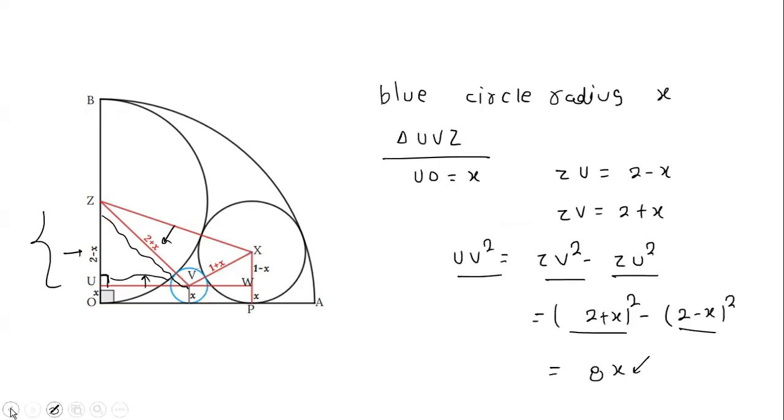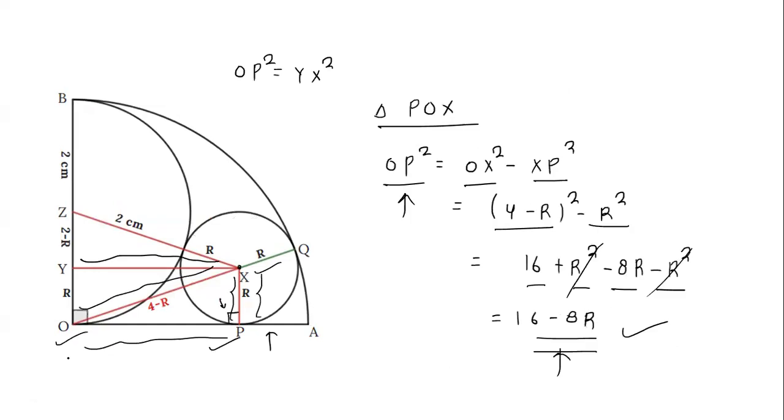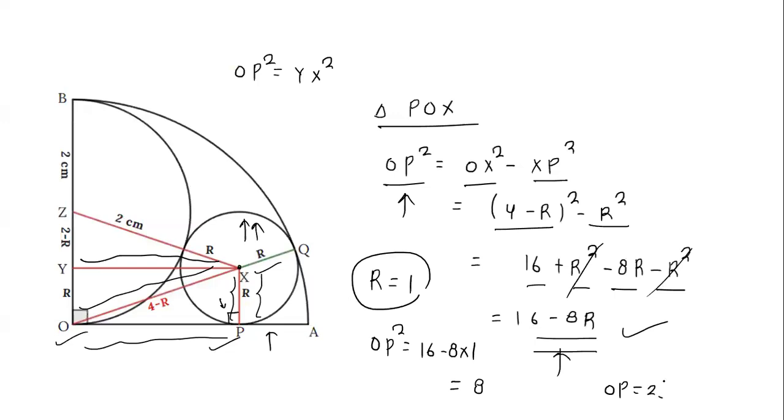Now initially you see we calculated this OP square as 16 minus 8R. Now we know the capital R is 1 centimeter, which is the radius of this circle. So we can calculate OP square as simply 16 minus 8 times 1, which is 8. So OP value we know it is 2 root 2.